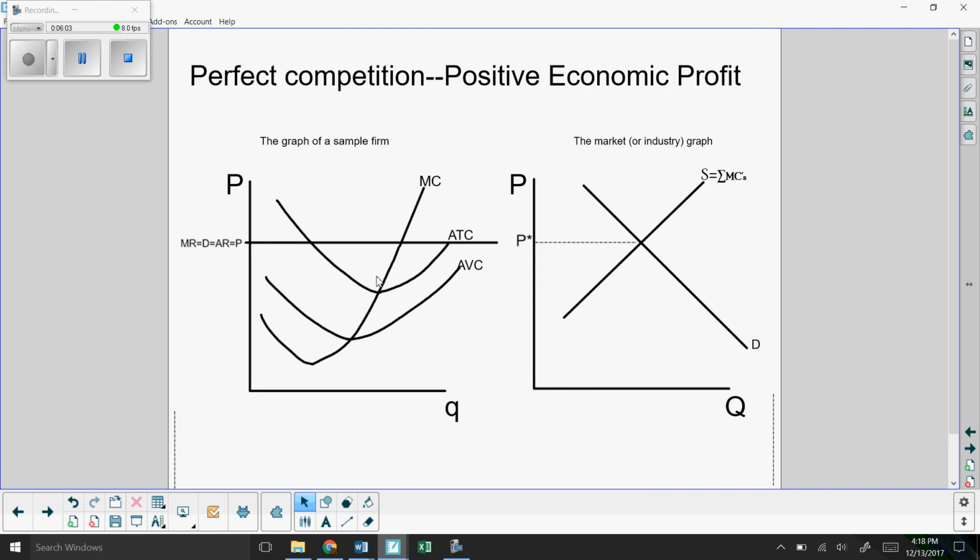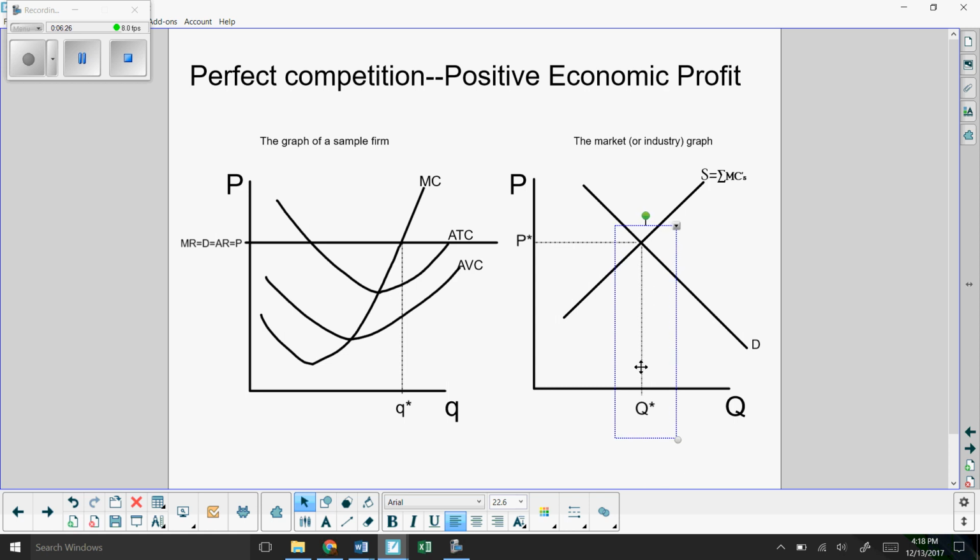It's easier strategically to draw the graph if I'm able to come over and figure out where supply and demand ought to be after I've established where I want my Mr. DARP. Of course, if they follow the MC equals MR rule, then they would be operating right there. And the industry quantity, I guess it needs to be a little bit taller than that to capture, but there's capital Q star. So that's what it looks like when a firm's making profit.